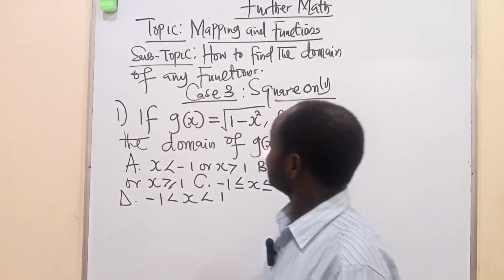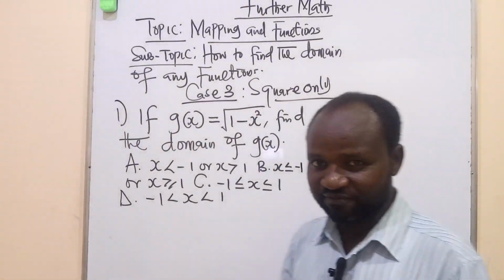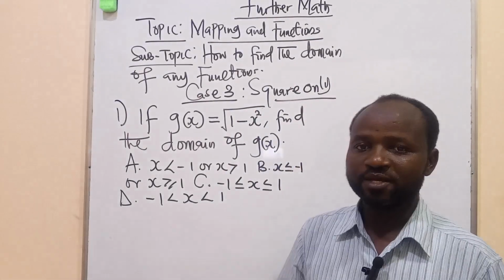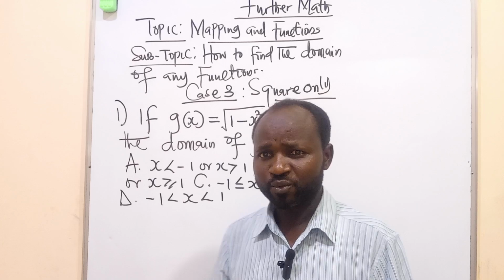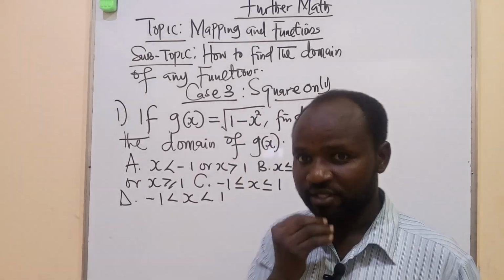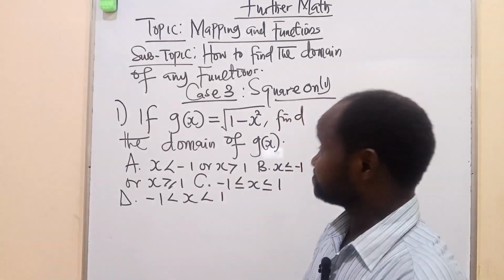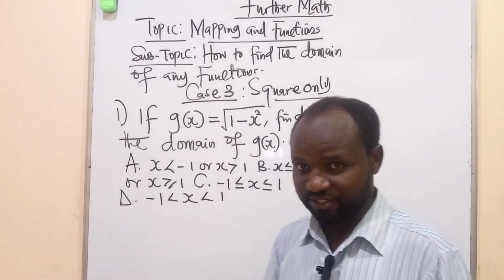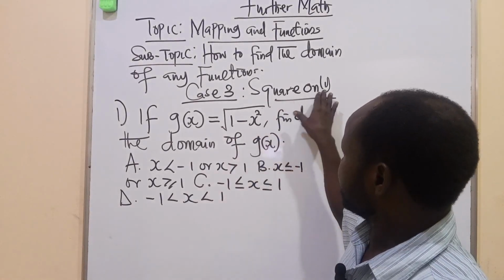We continue with our solutions to how to find the domain of any functions. In my previous video, we have looked at two cases. In today's presentation, we are looking at case 3, that is square root only.